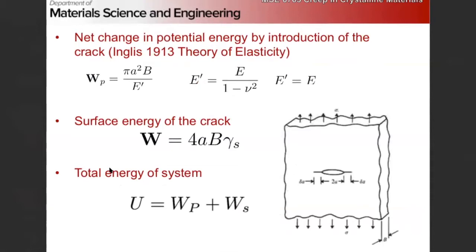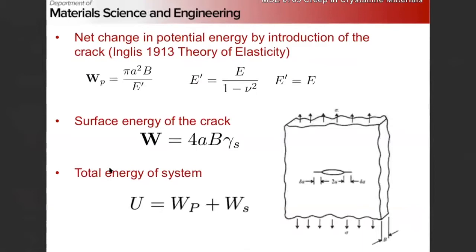Griffith then took some work from 1913 from Inglis and the theory of elasticity, and calculated the change in potential energy as a function of the geometry. The surface energy of the crack, this gamma S, is our specific surface energy.